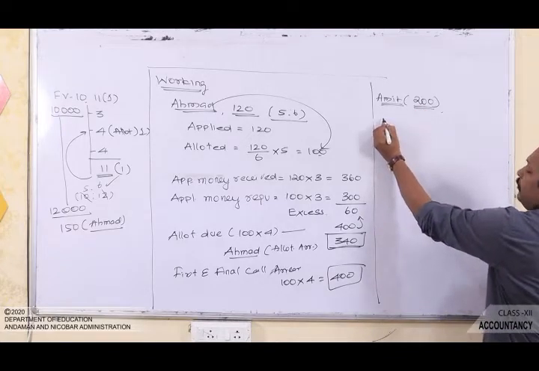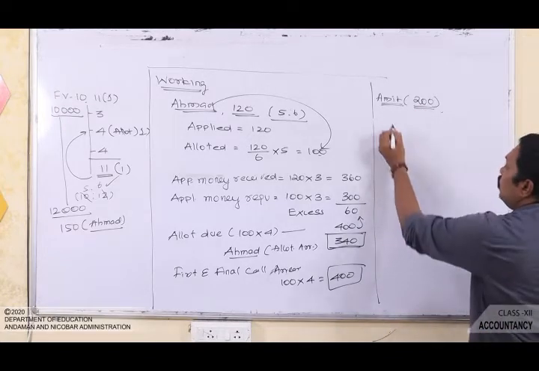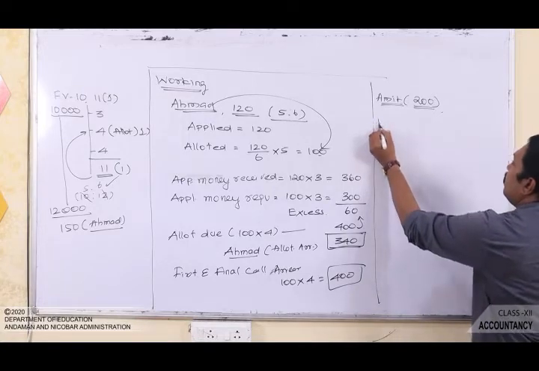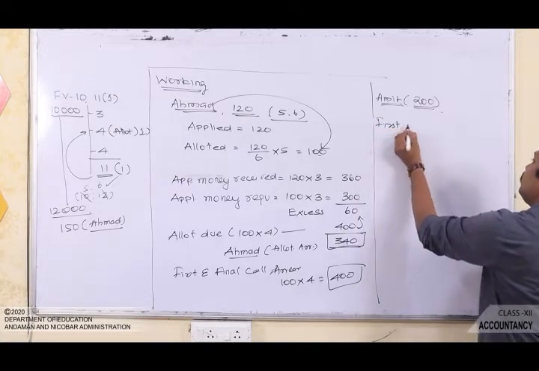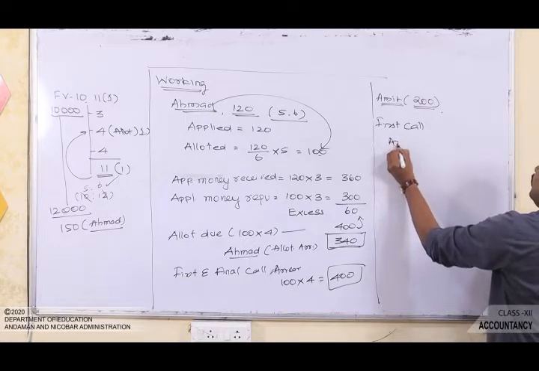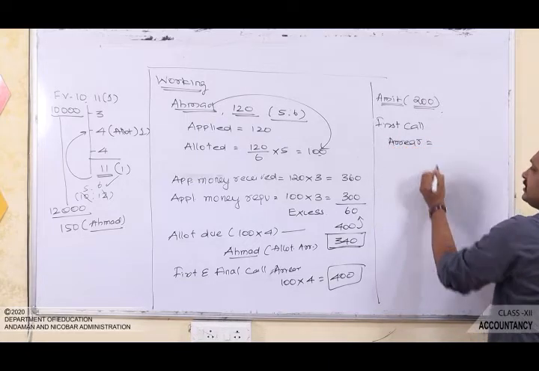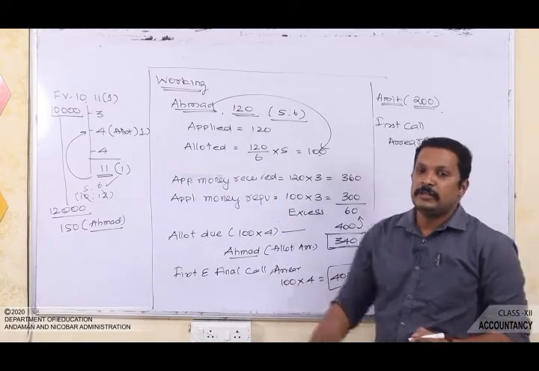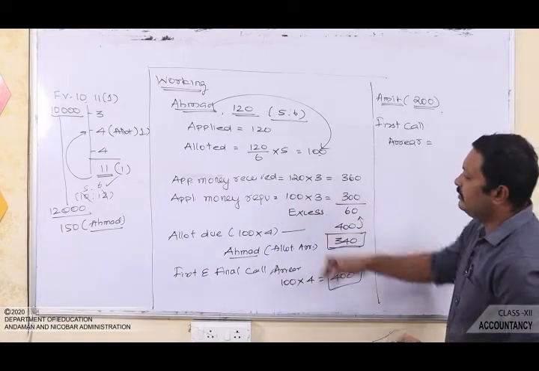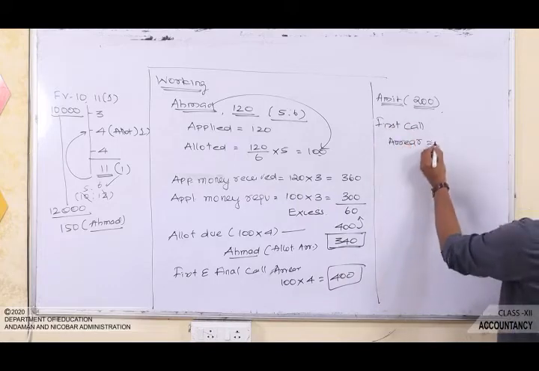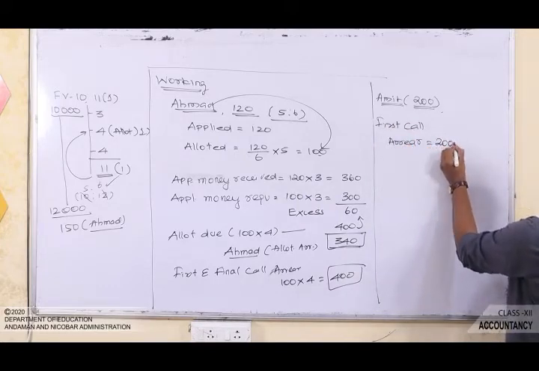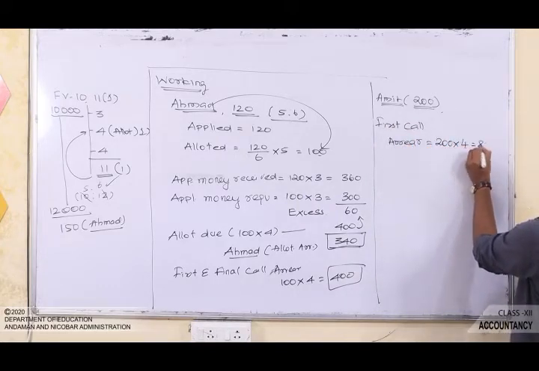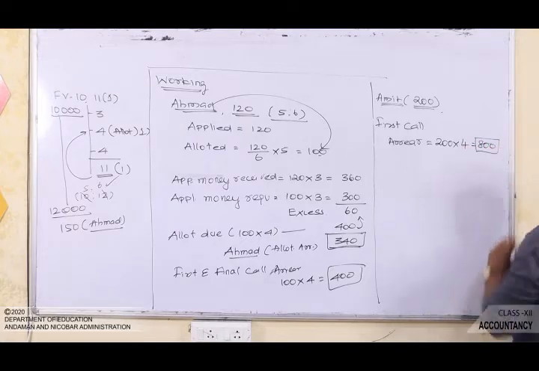So, he could not pay first call. So, we can directly multiply first call arrear, because the extra amount he paid in application money will be adjusted in allotment itself. So, no need to calculate this way. First call arrear is equal to 200 into 4, that is 800.